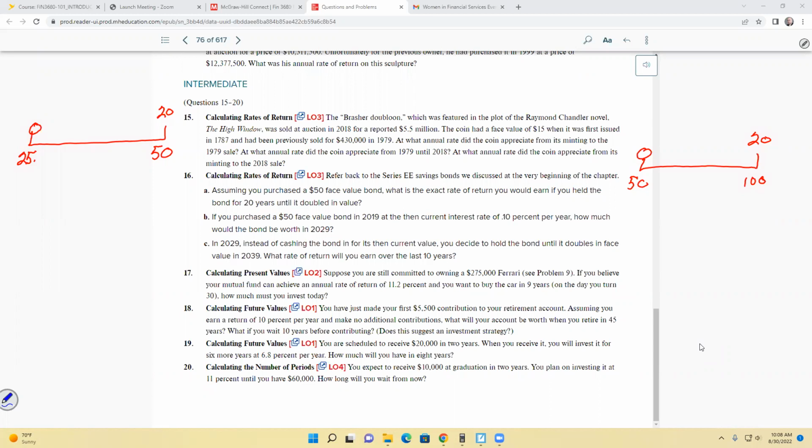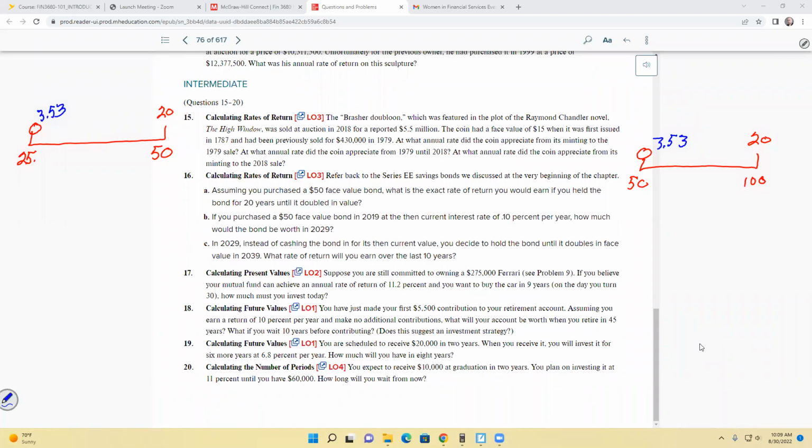Anybody else? 3.53 is what I got. Who had 3.78? That's close, but 3.53 is what we have.